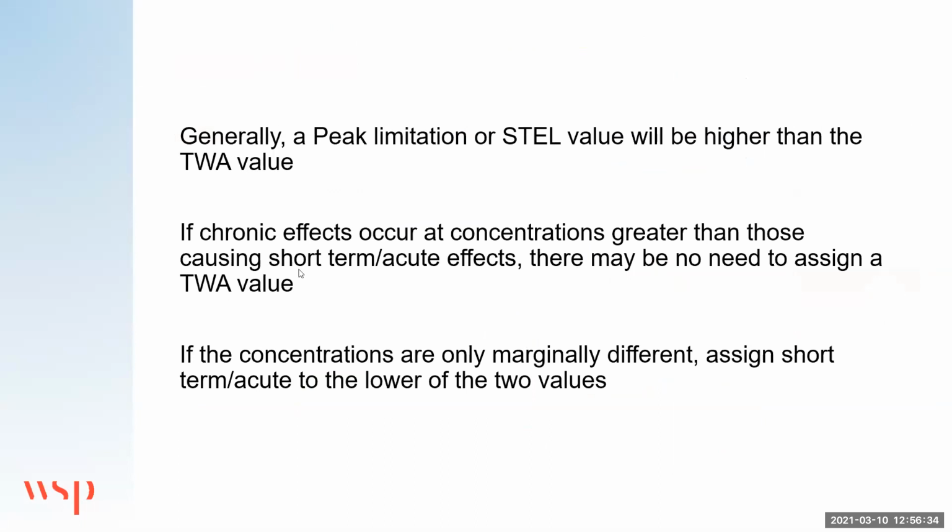If the chronic effects, that's the TWA, occurred at concentrations greater than those causing short-term or acute effects, there'd be no need to assign a TWA. But if the concentrations are only marginally different, we would assign the lower of the two values, the chronic and the short-term value, to a short-term or acute STEL or peak.